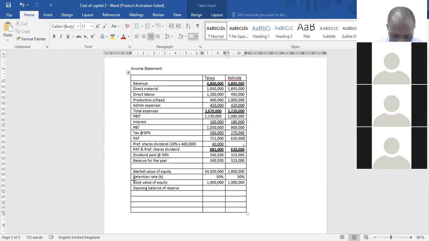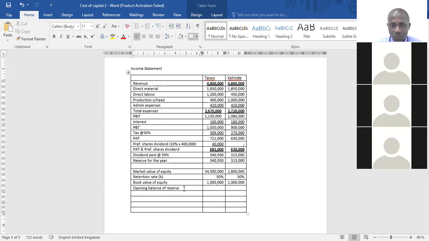This retained earning for the year is already included in the question before you, where you have general reserve. So I need to get the opening retained earnings. The opening retained earnings is the retained earning you have in your question minus the retained earning for the year.